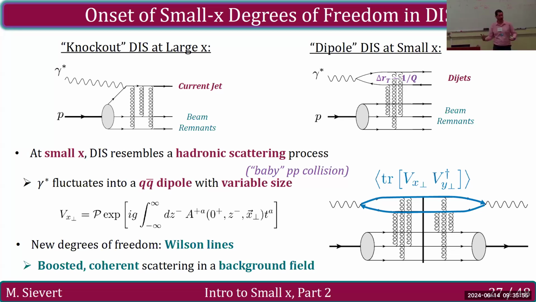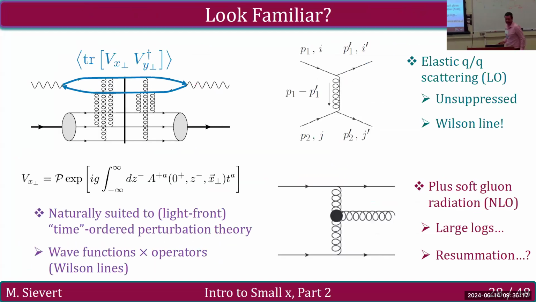This is the natural degree of freedom that emerges at small x, where I don't just have a single quark, but something which is highly boosted and interacts many times. So instead of thinking about doing perturbation theory here because g is small, I think about g small and A large such that the whole quantity is order 1 and it has to be kept. That's the physics that we're after.